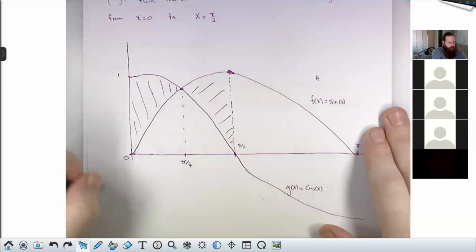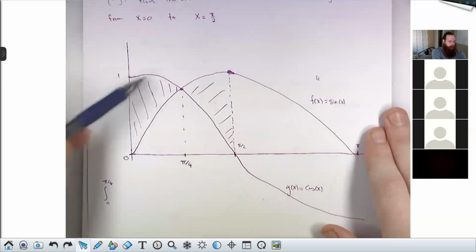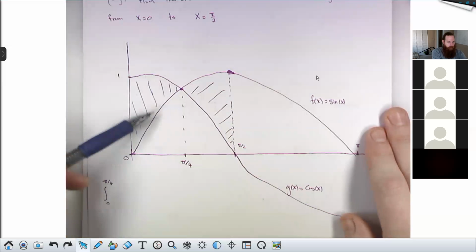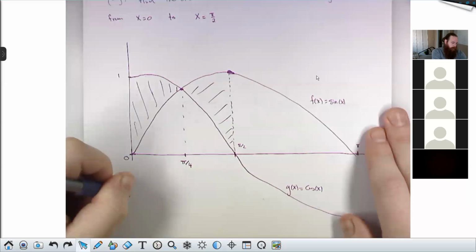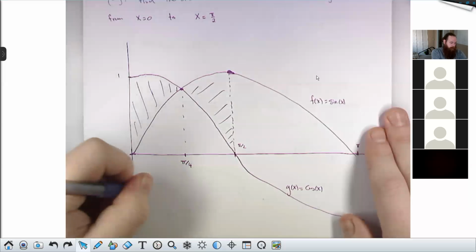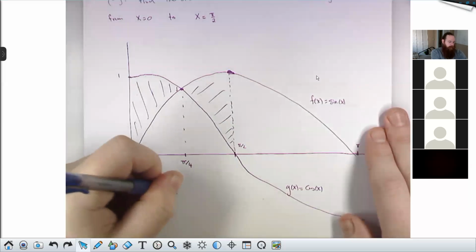So then I'll set up 2 integrals. One will go from 0 to pi over 4, and that will have this upper minus this lower. The upper here is cosine, and the lower here is sine. So this will be the integral of (cos x minus sine x) dx.